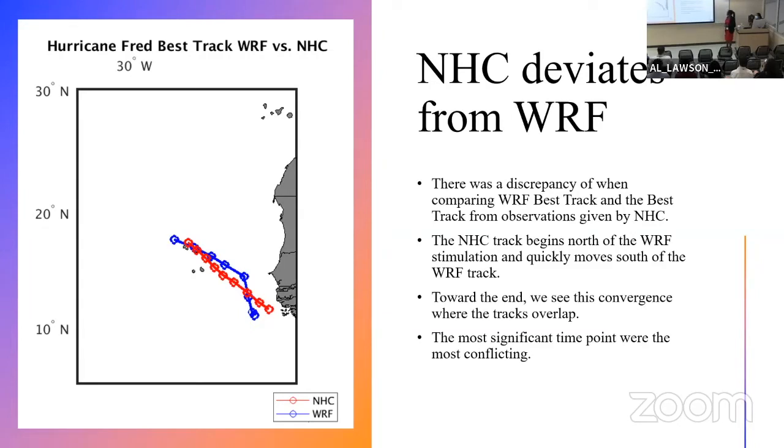The National Hurricane Center track started a bit north of the WRF model, so there was some conflict with where the storm was expected to be, specifically on the 31st, which was the most vital day of the hurricane.